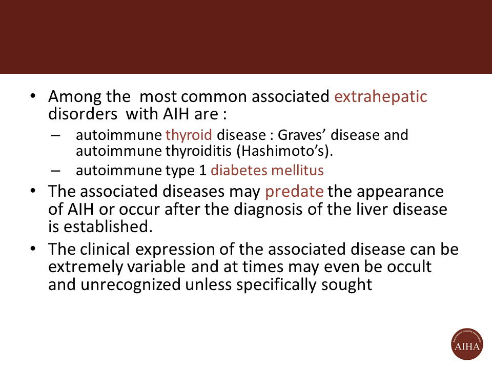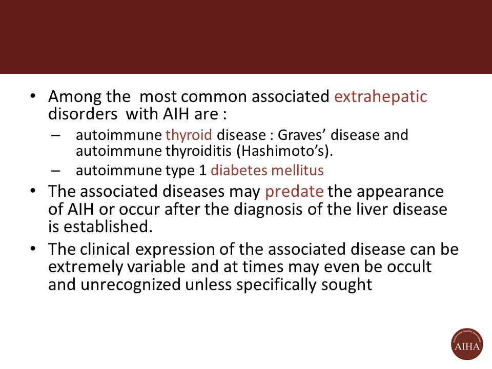So to set the stage, I would like to mention that among the most common associated extrahepatic, beyond the liver, disorders in autoimmune hepatitis are autoimmune thyroid disease, both hyperthyroidism, what we refer to as Graves' disease, or hypothyroidism, that we refer to as Hashimoto's disease.